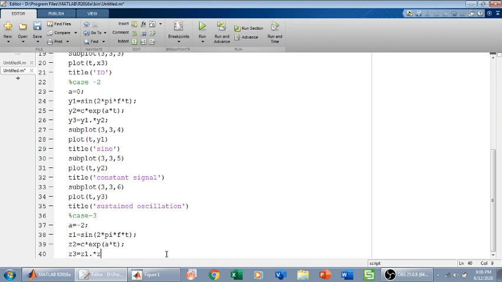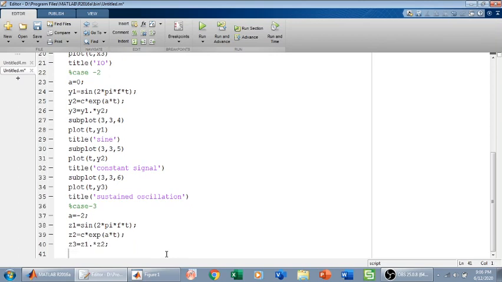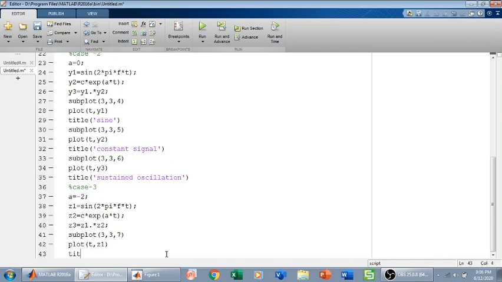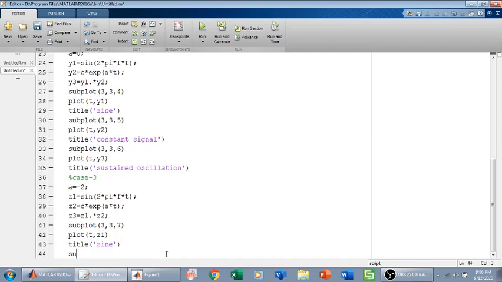Then I will multiply z1 and z2 and assign it as z3. Now I will do the subplot part again. At position 7 I need to plot the sine wave again, so I will plot t comma z1 and give it the title sine. So the sine wave is done.